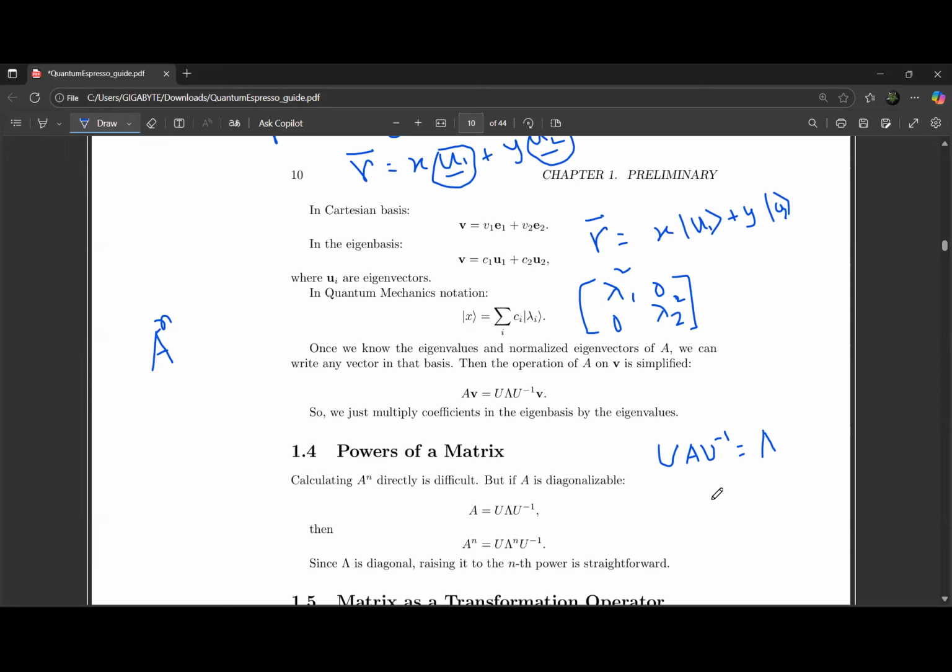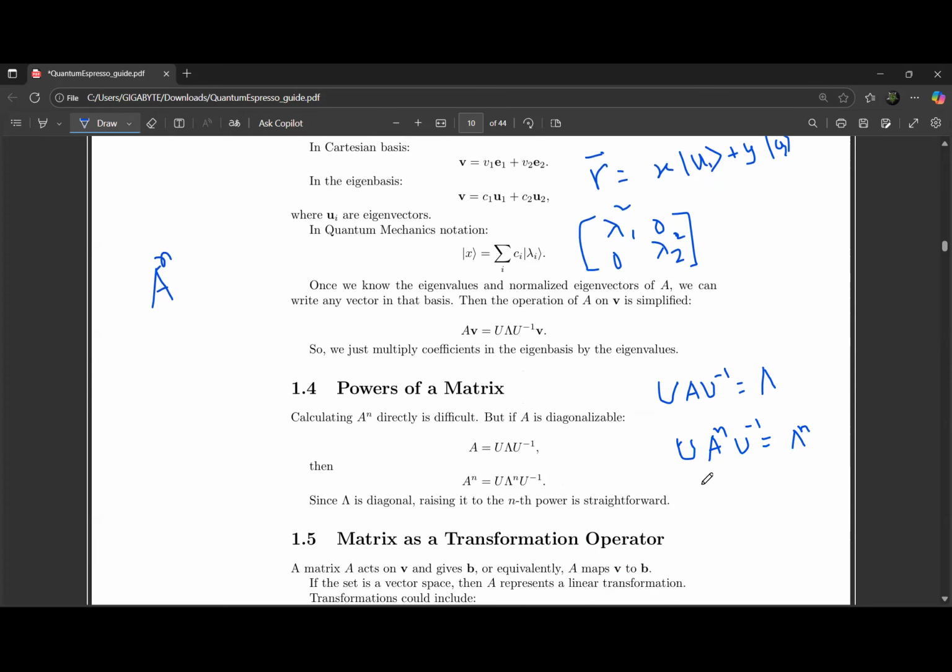Let's say here for A to the power n, we will have U A to the power n U inverse, and lambda to the power n, which is much easier for us to calculate as I previously mentioned.